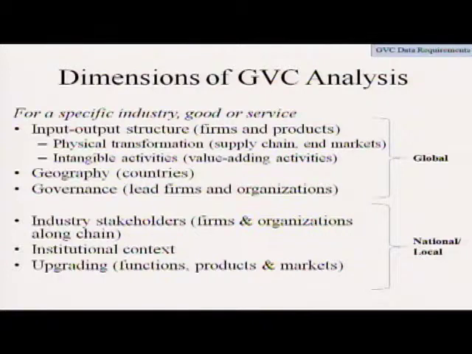Typically, the inputs will start with raw materials, go through key components, maybe then move into sub-assemblies and final product production. But very interestingly, from a global value chain point of view, final product production, a car, an airplane, a dress, is in the middle of the value chain, because then you have distribution and final consumption.